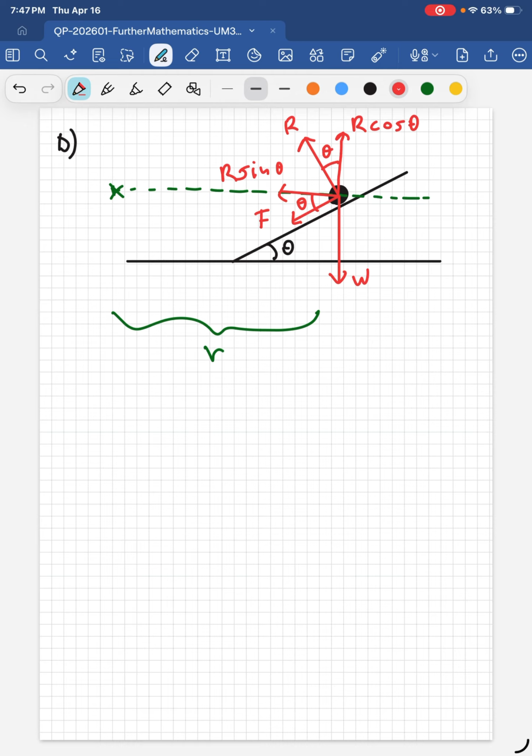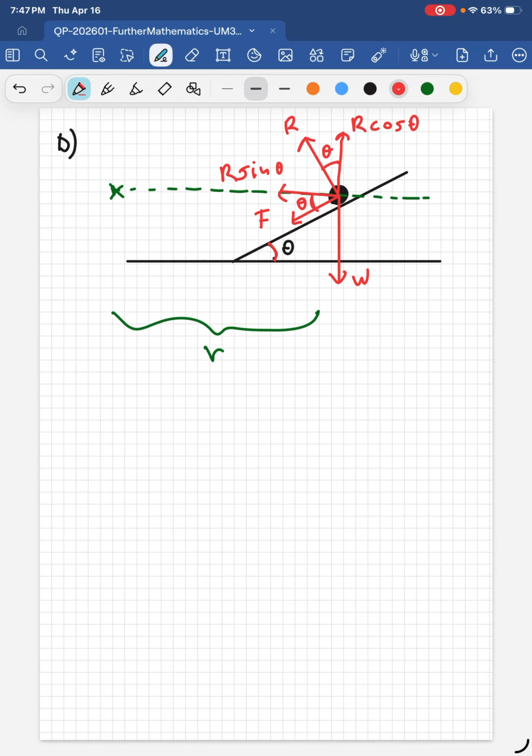And the reason is that basically the green line and the floor are parallel, right? And so using Thales principle, this angle and this angle are the same, okay?